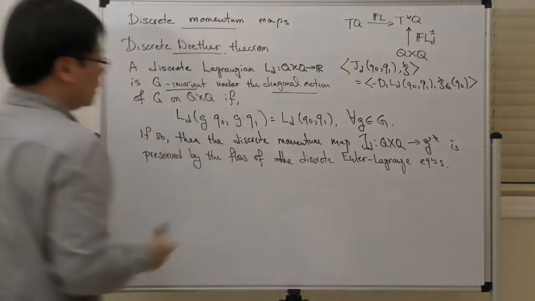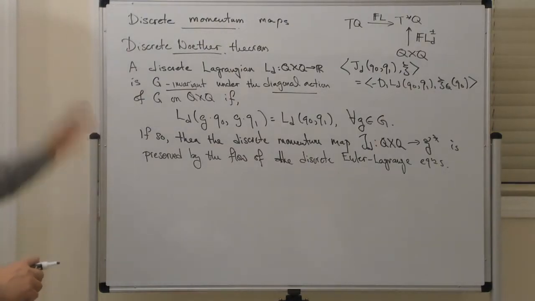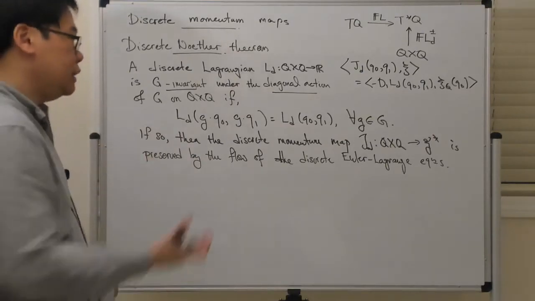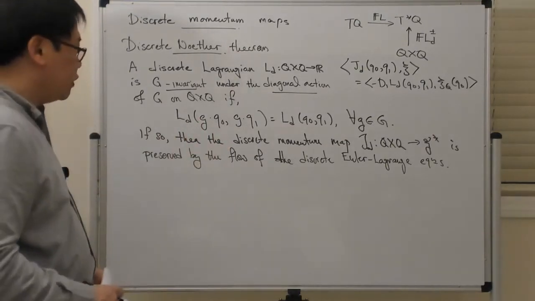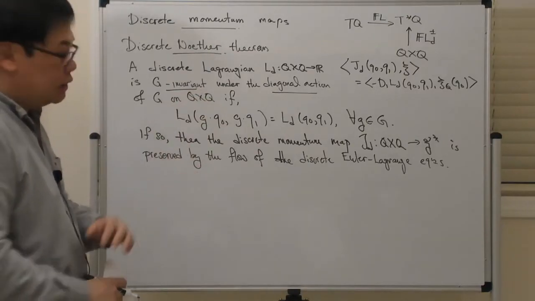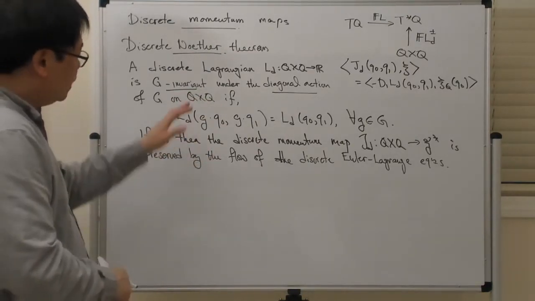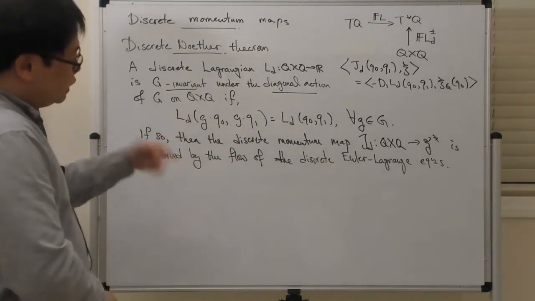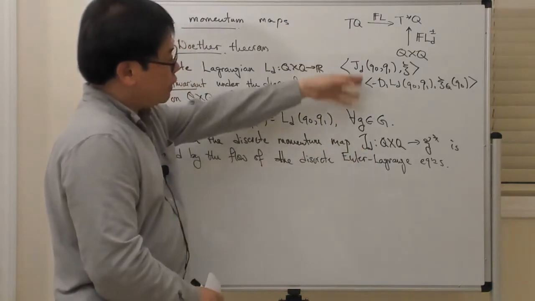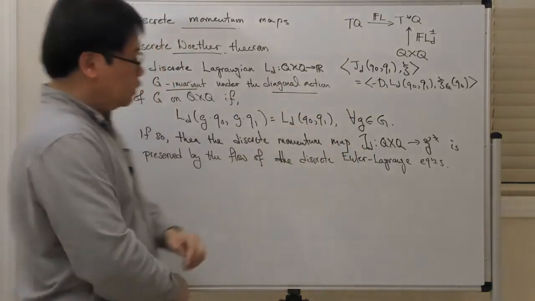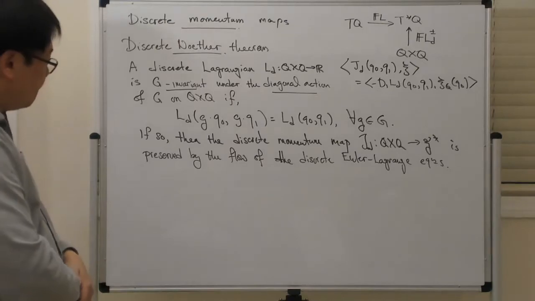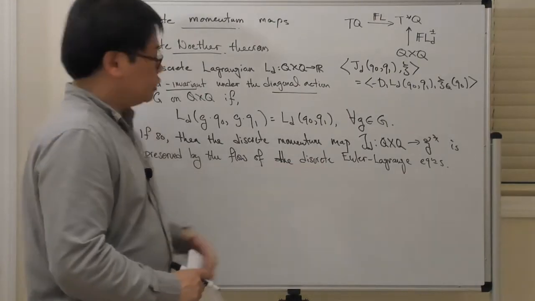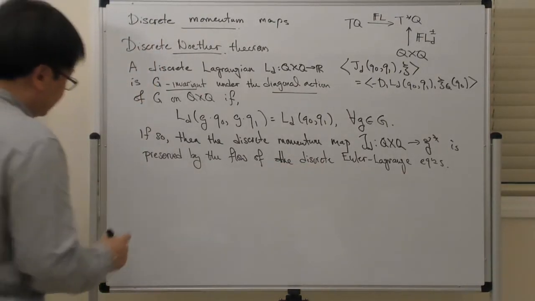Okay, so this is the discrete version of Noether's theorem: if there is a discrete Lagrangian and it is invariant under some appropriately lifted action of the group on the configuration manifold, and in this case that lifted notion is the diagonal action on the two copies of Q, then there's a discrete momentum map, defined in this way by pullback of the cotangent bundle momentum map. Then that discrete momentum map is preserved by the flow of the discrete Lagrange equations. So let's try to prove that.